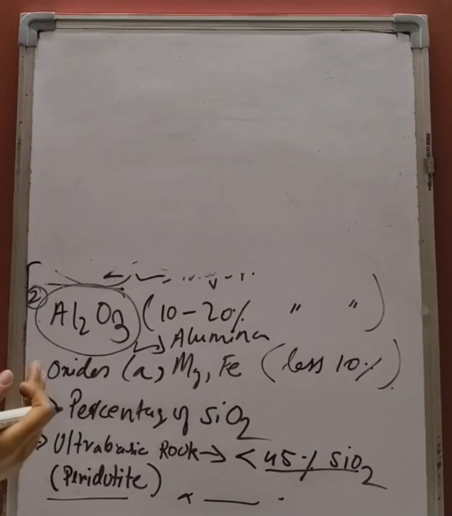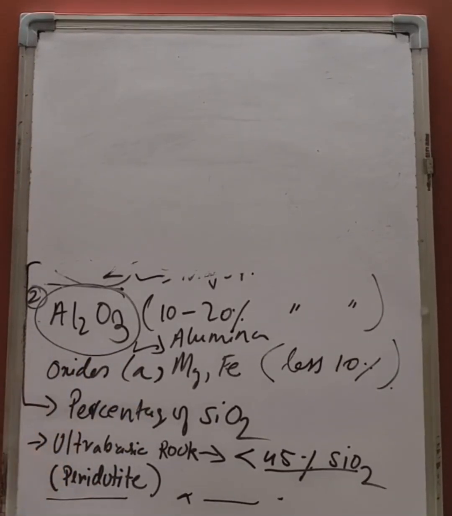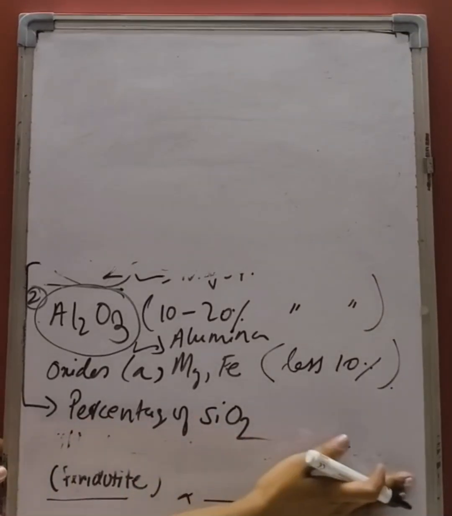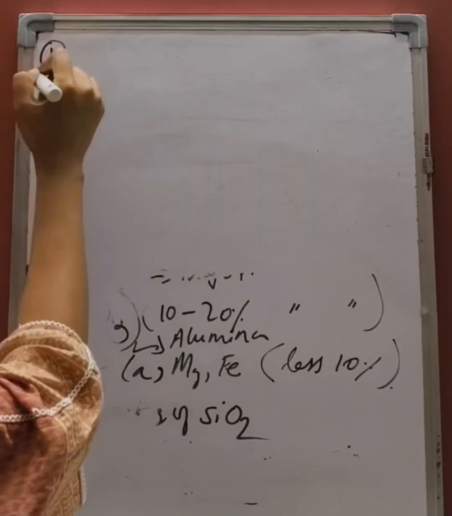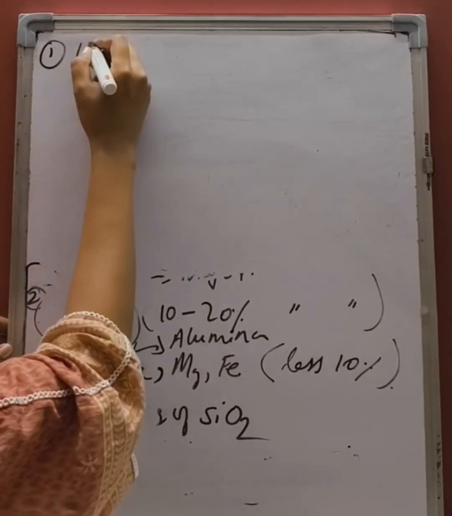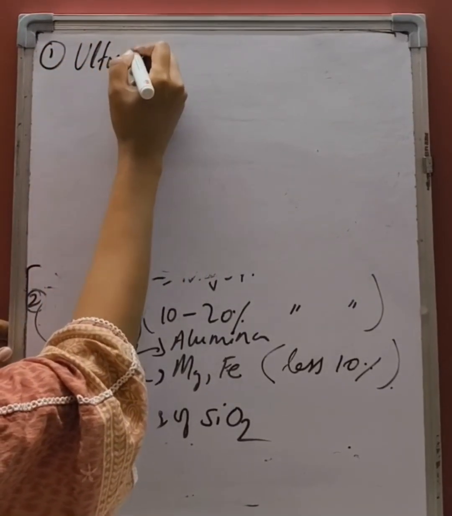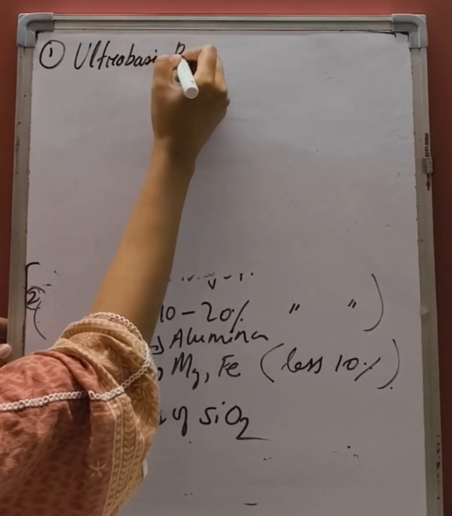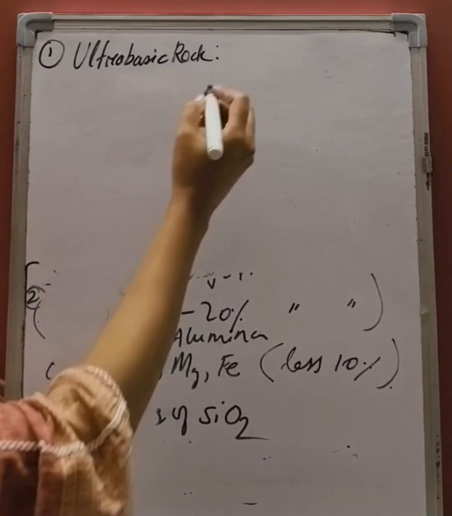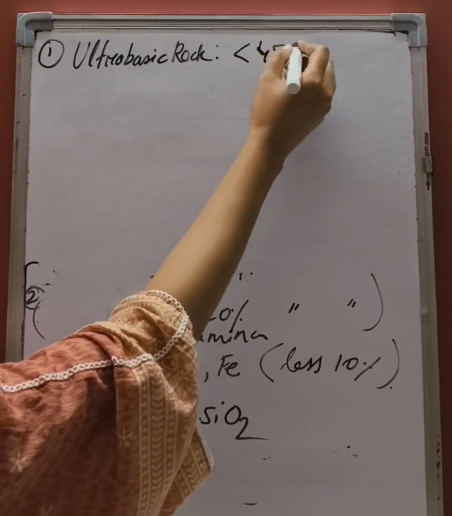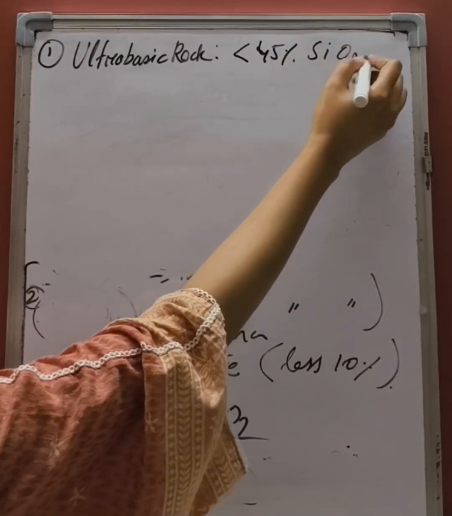Based on the chemical composition of igneous rocks, we have various kinds of igneous rocks. Number one is ultrabasic rock, and it has a silica percentage of less than 45% SiO2.